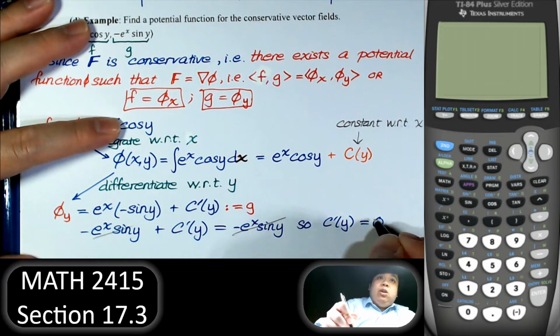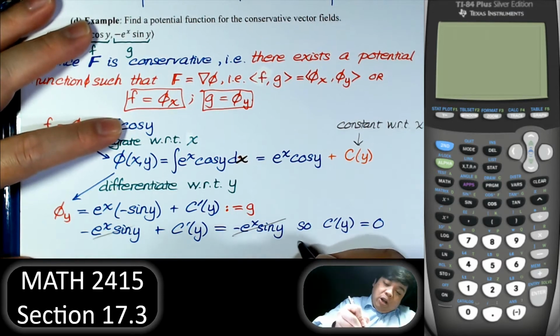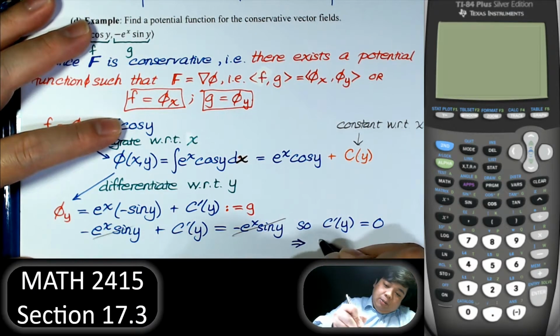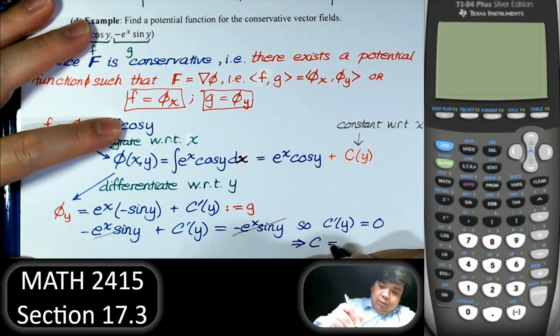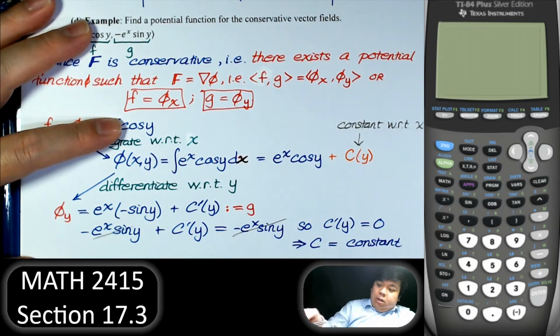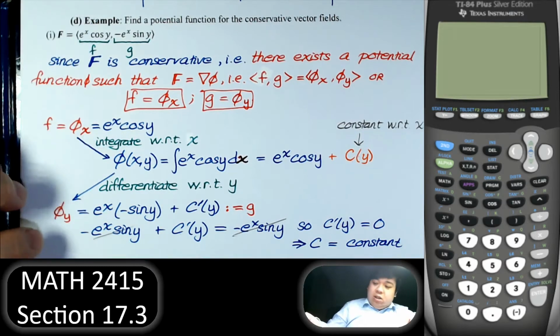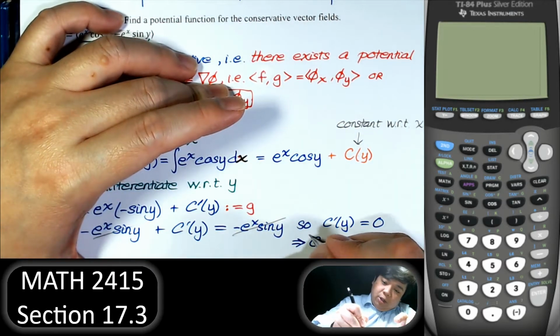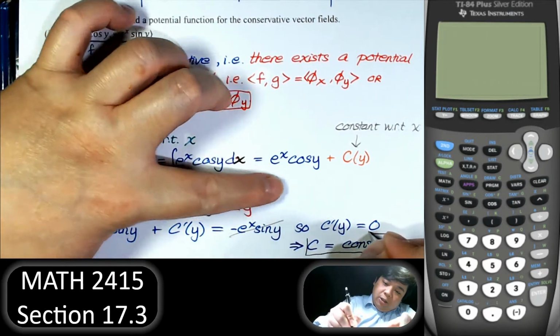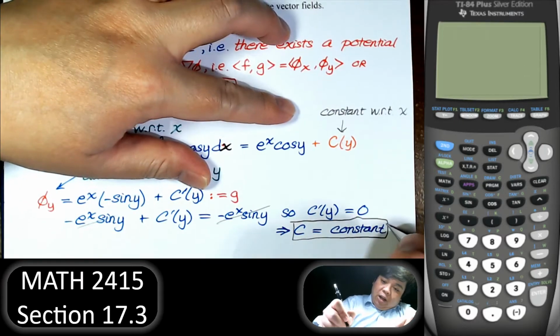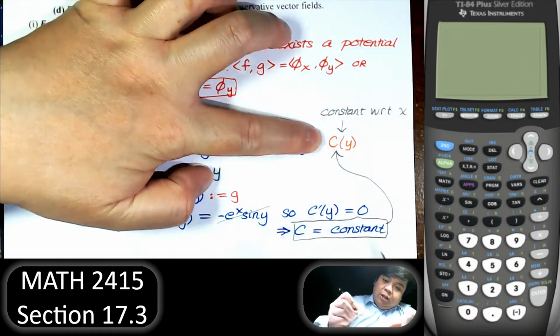So derivative equal to 0, meaning it has to be a constant. So now we know that it is a constant. All we need is to substitute this back into this, and we have the answer.